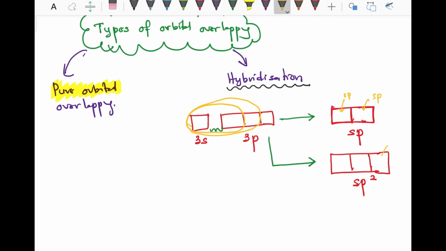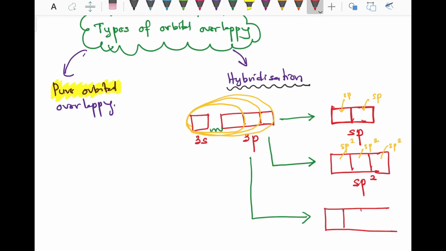But for this one, this is sp2, this is sp2, this one also sp2. And the third possibility is when we mix or blend one s orbital with three p orbitals, and the product is sp3 orbitals.